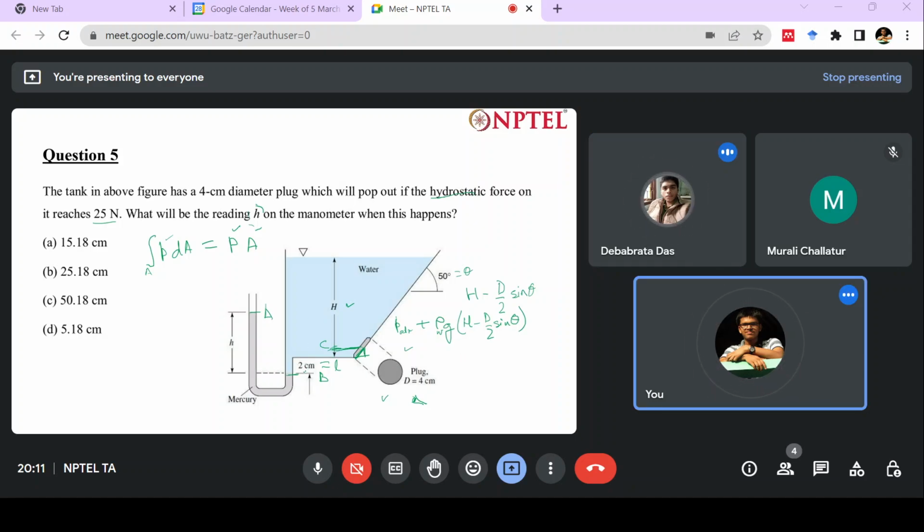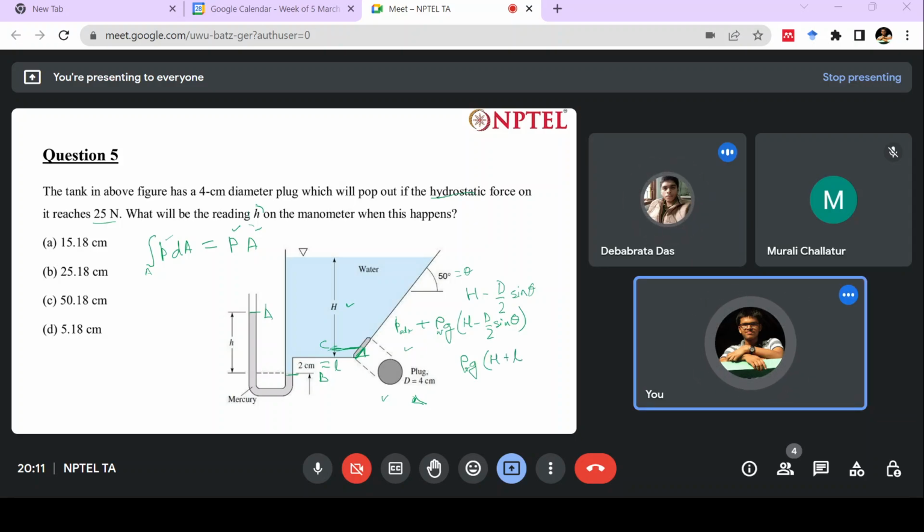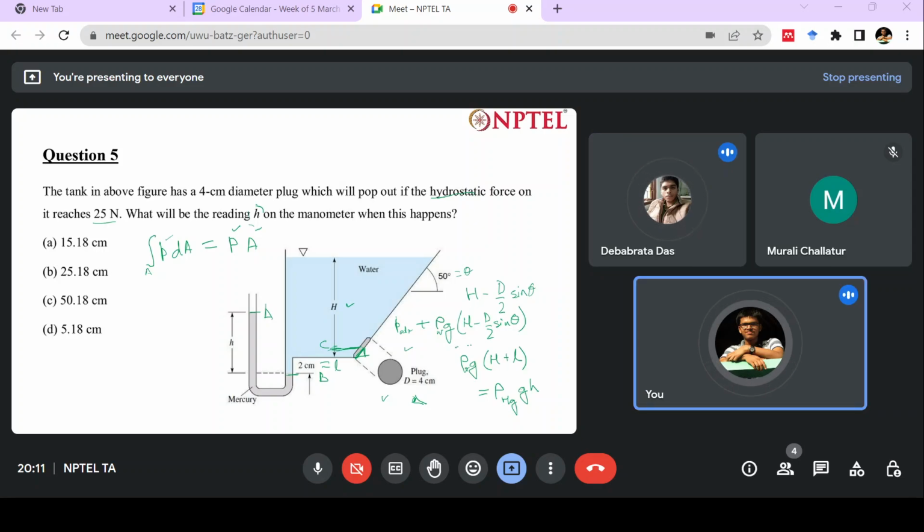Here you will see that rho of water into g into (H plus small l) is equal to rho of mercury into g into small h. Is this correct? Yes, sir. This treatment is correct, right?